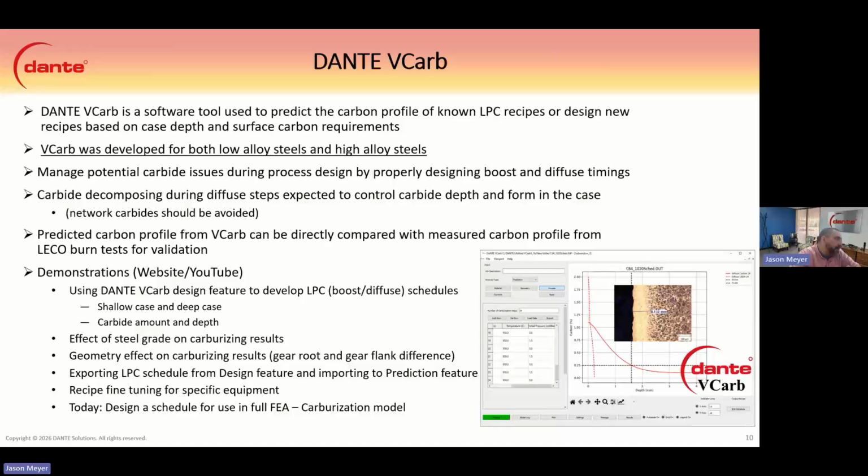So we use the carbide decomposition models that we developed during the diffuse steps, and that'll help control the carbide case and then the actual amount of carbon that's going into the process. Like I said, they act as extra sources for carbon other than just the surface, because as they dissolve, they add more carbon to the process.